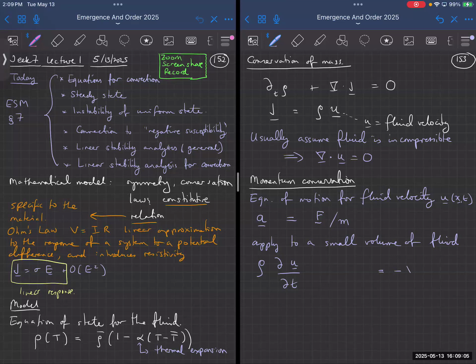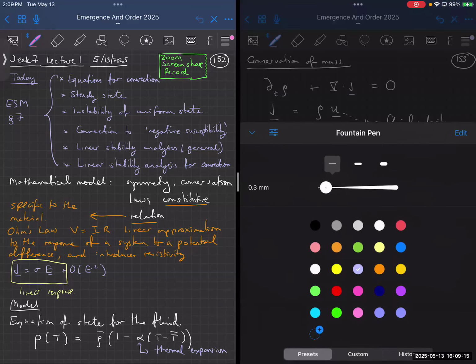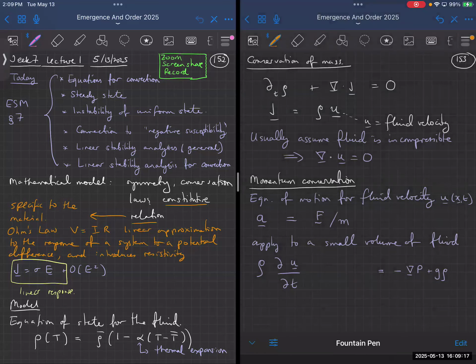So that's going to be minus gradient of the pressure. And then there's going to be gravitational potential, so that's rho times g, and then there's a final term which violates momentum conservation, which is the viscosity, which I'm going to write as eta del squared u. So I'll explain these terms in a minute.